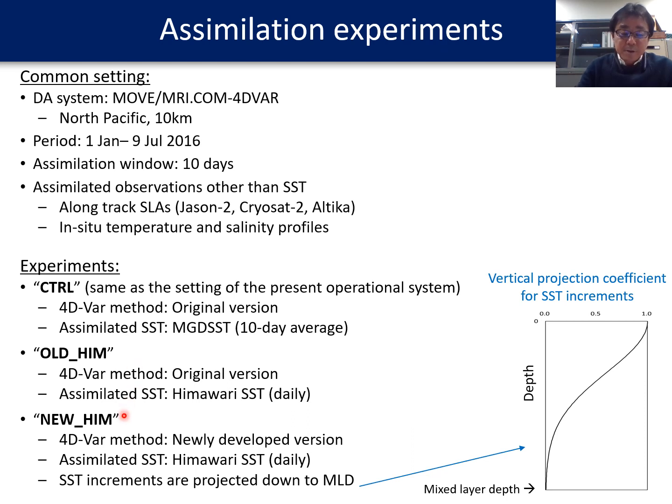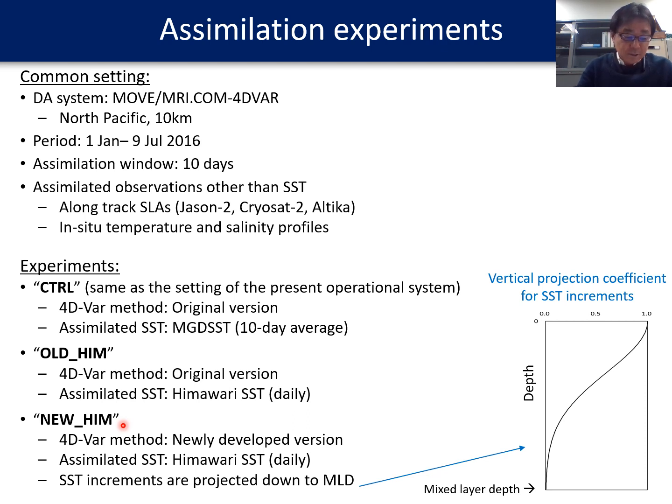In the third experiment, the new HIM experiment, Himawari SST is assimilated using the newly developed Fodiva scheme. In the new scheme, daily SST increments are optimized as well as increments to the initial condition. But as you know, the mixed layer depths in winter reach a few hundred meters in the western North Pacific around Japan.